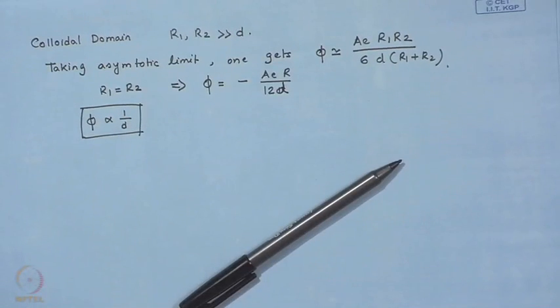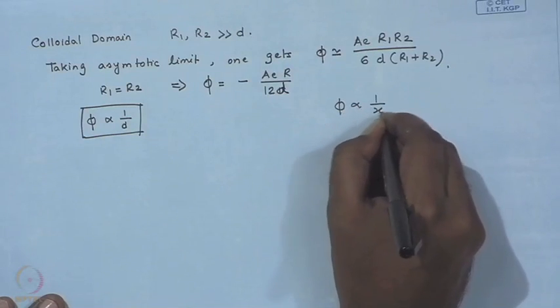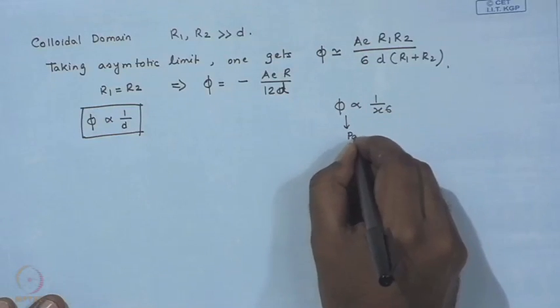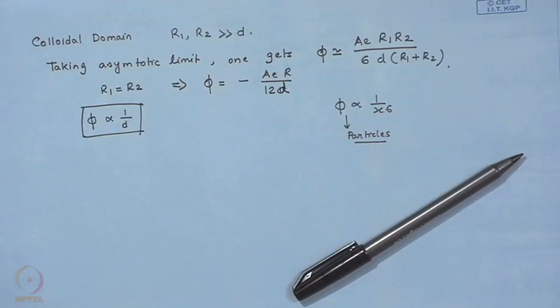So, this is very interesting now. So, we know that the decay was as 1 by x to the power 6 for particles or molecules or atoms. For two parallel surfaces, the decay reduced to 1 by x square, or 1 by d square.